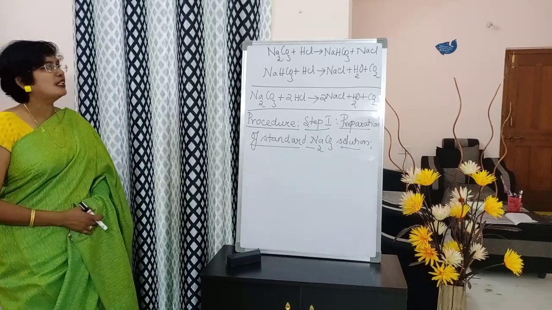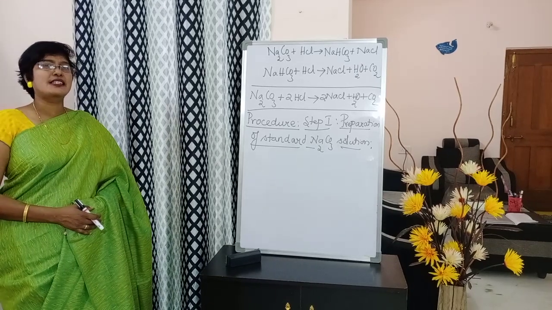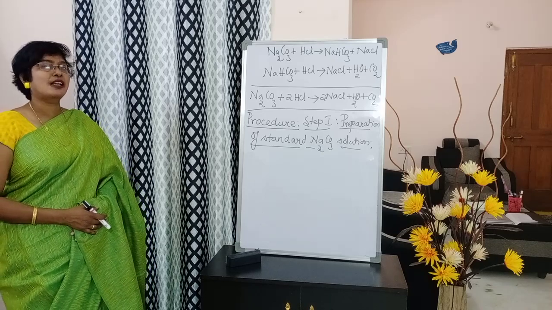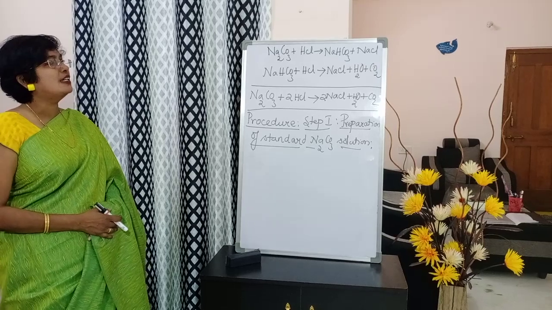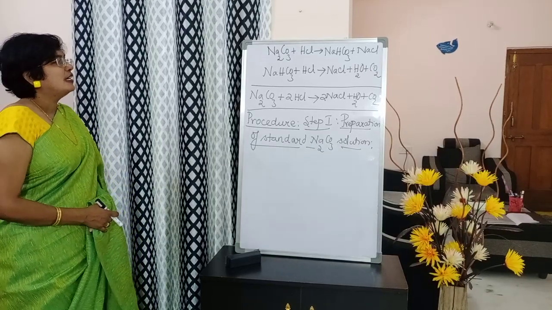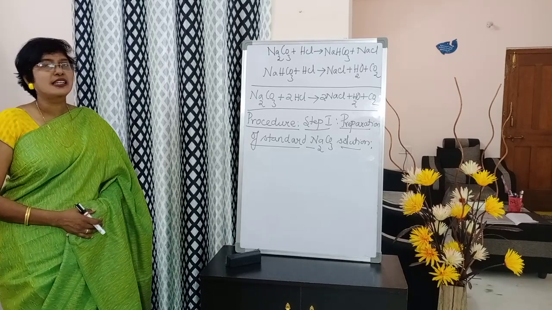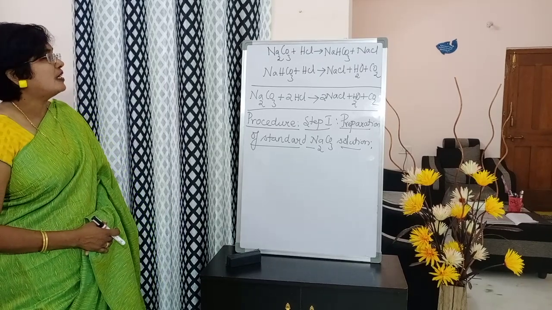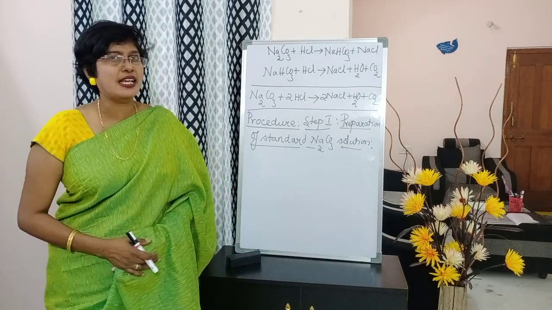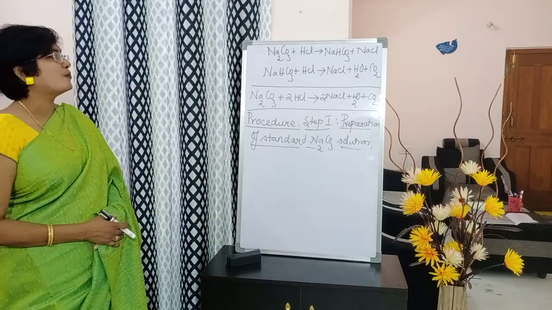So this is the first neutralization. First stage, that is half neutralization of sodium carbonate giving sodium bicarbonate. Next, NaHCO3 plus HCl gives NaCl plus H2O plus CO2. Neutralization of sodium bicarbonate.